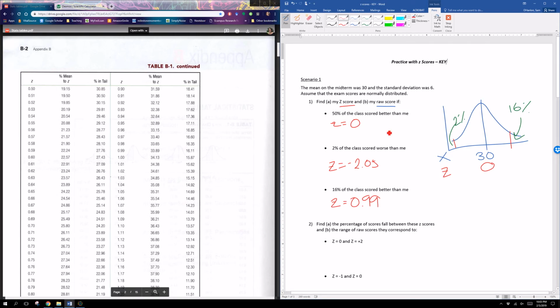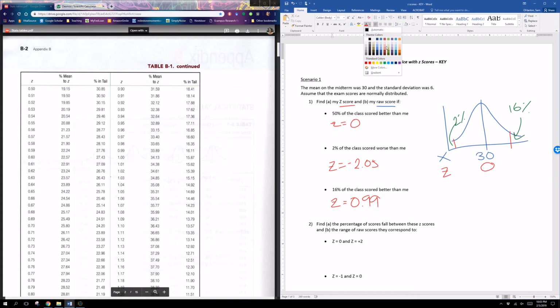Okay, now we need to find the corresponding raw score. I'm just going to type directly in here. So we said raw scores are blue. Okay, so to get our raw score, we have our regular equation z equals x minus m divided by, I'm going to write out sigma. I don't have that character readily available.